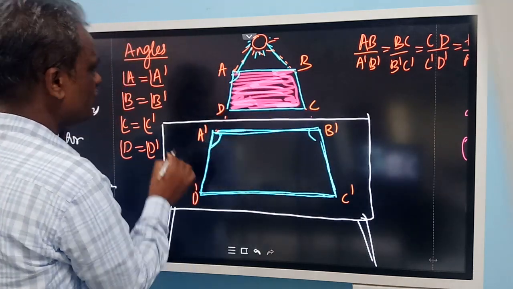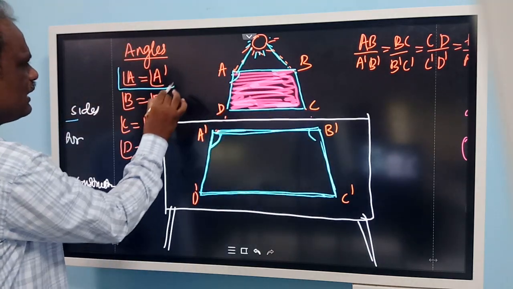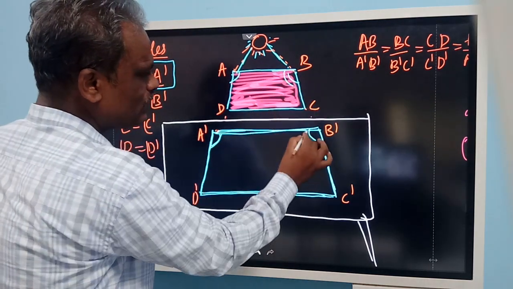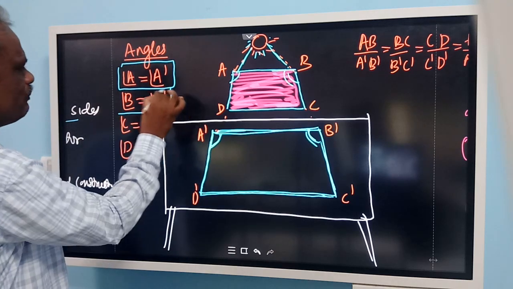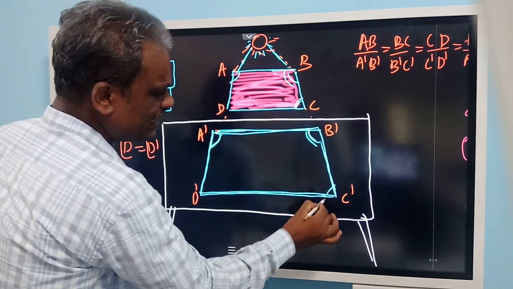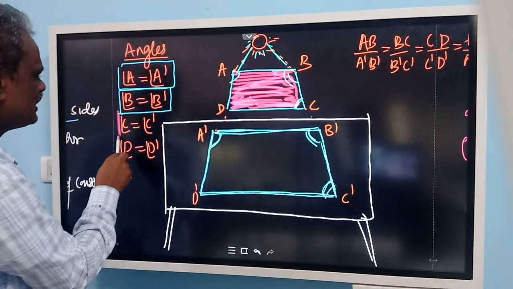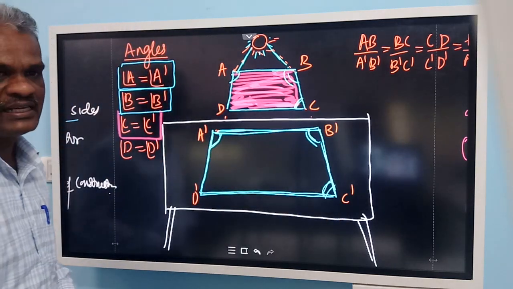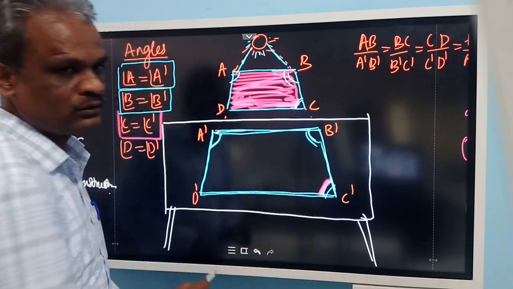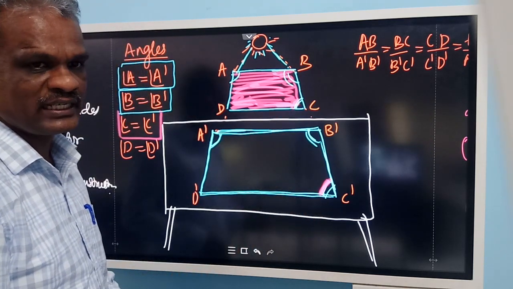Angle A will be equal to A dash, that I have written here. Then similarly angle B should be equal to angle B dash. Then the corresponding angle for C is C dash. The C angle should measure the same as C dash. The angle in the cardboard and the angle in the shadow should be the same. They are called corresponding angles.